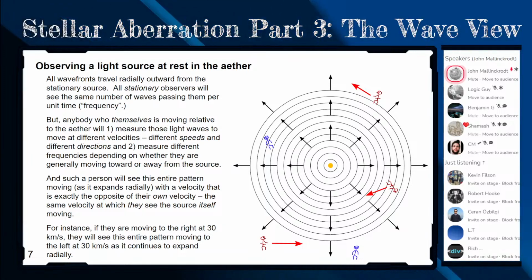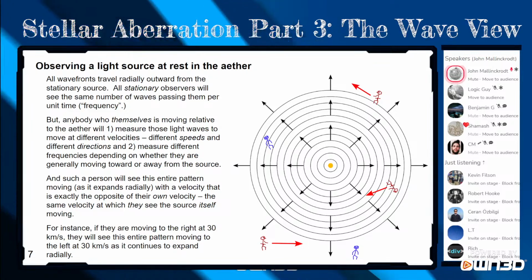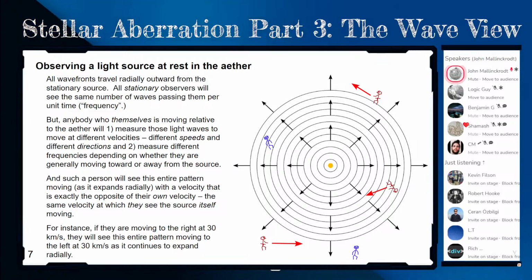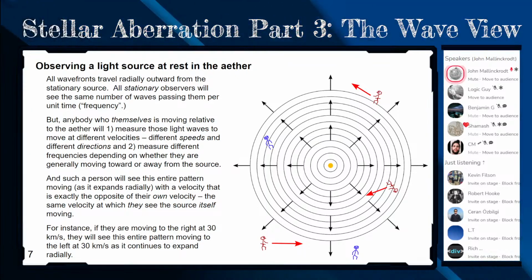So that's what it would look like in the frame of the ether for a source that's not moving through the ether. That's important. We're going to talk in a moment about what it looks like if the source itself moves through the ether. But for right now, it's a source that's at rest with respect to the ether. And then I've just shown a bunch of observers, some blue observers who are at rest with respect to the ether, and therefore just see these waves washing over them.